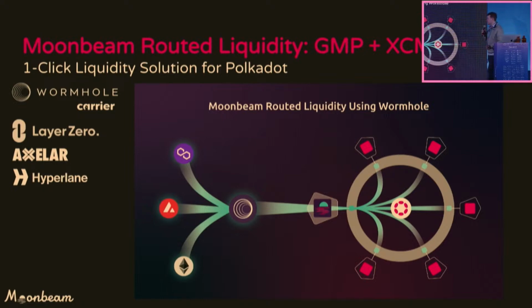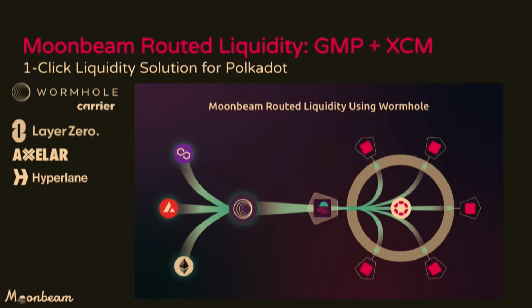And when I say one click, it's the typical bridging experience where you might have to do an approval one, but then you'll have your transaction confirmation, and you'll specify the destination just like you would on any other bridge. So you may not have to worry about what's the destination parachain.